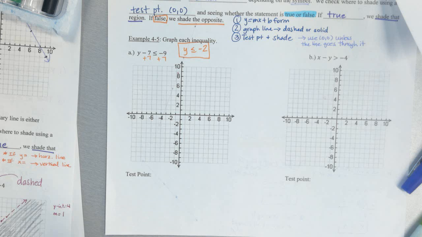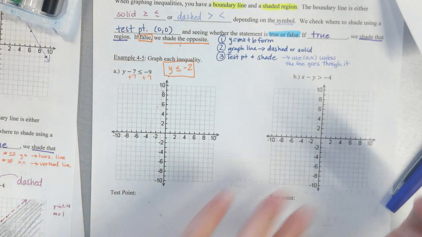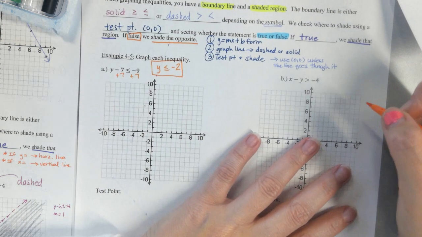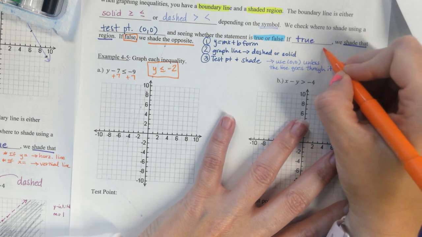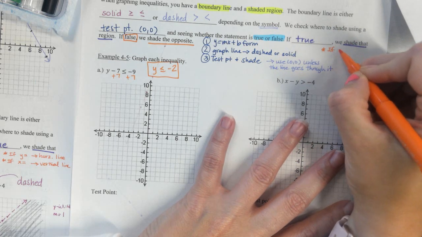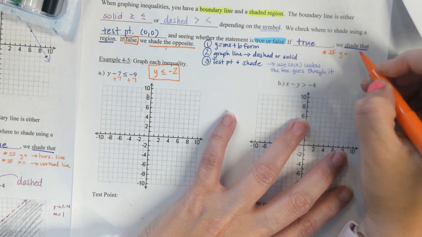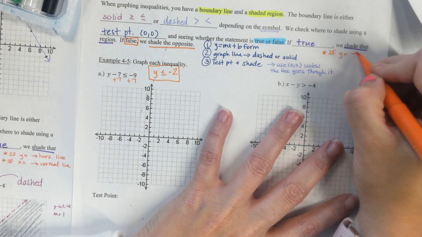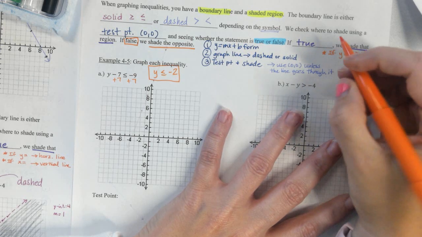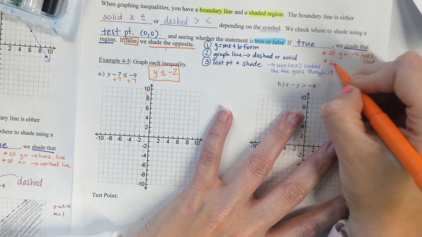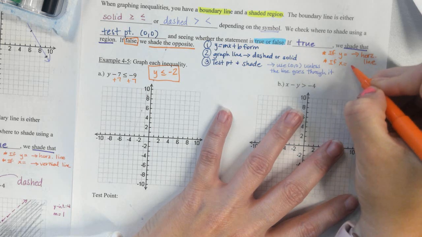Do you guys know what type of line this is if you have y equals? It's going to be solid, but there's another special term for it. Yes, if you have y equals or an inequality, it's a horizontal line. And then you'll have a vertical line if you have x equals.